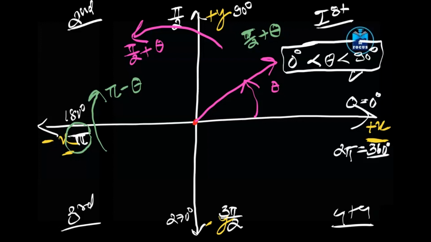Is it clear? Yes. Okay, this is how we define first, and then the rest of the angles also. I'm just writing one more, that is the second quadrant. It is less than pi and greater than pi by 2, that is, the range lies from pi by 2 to pi. So this is how you keep on defining.